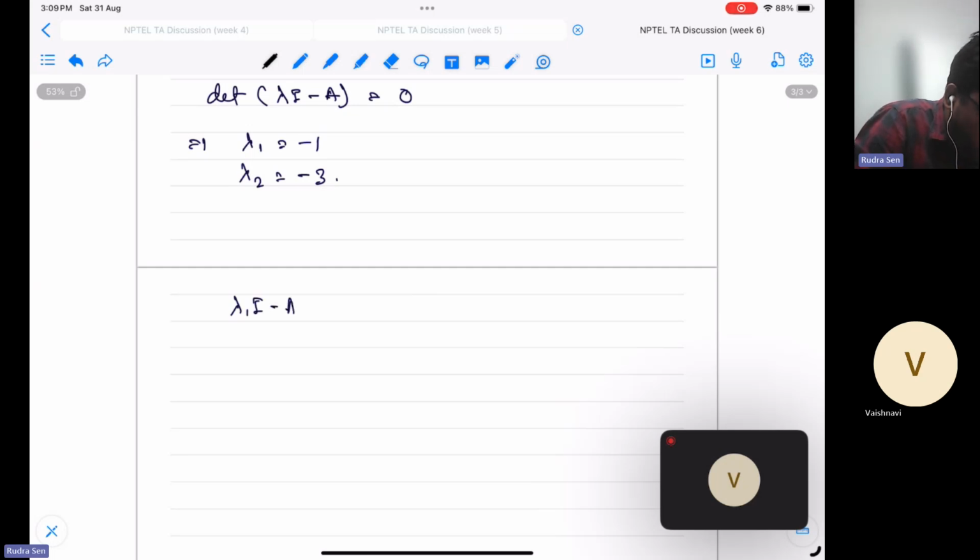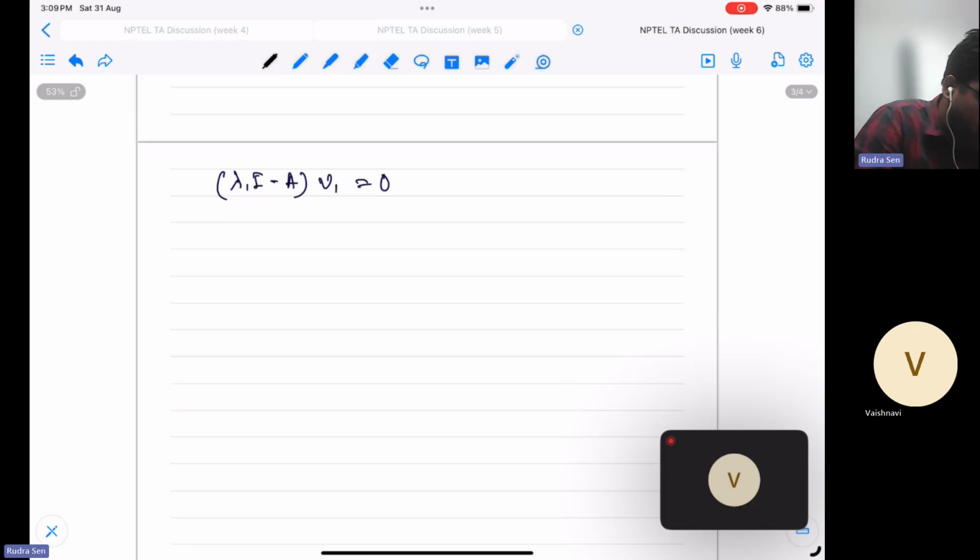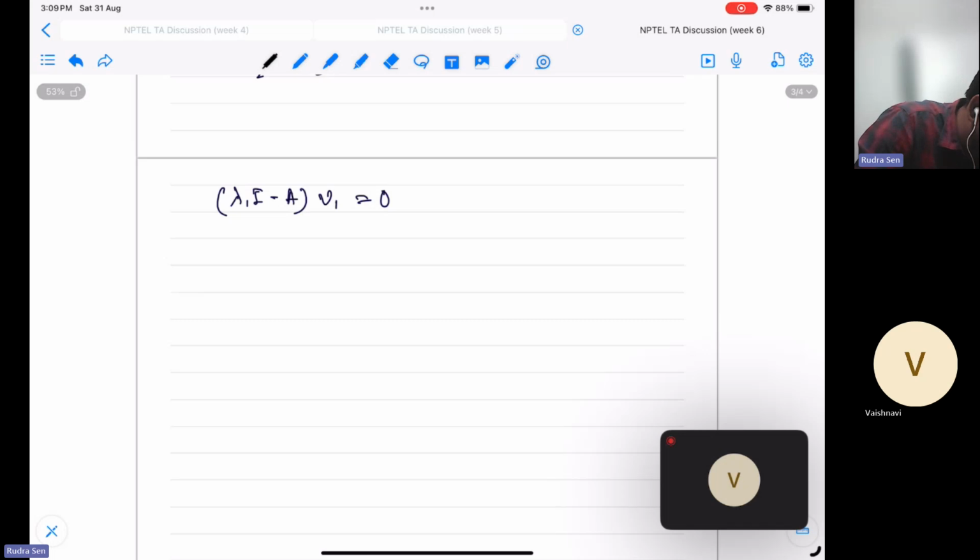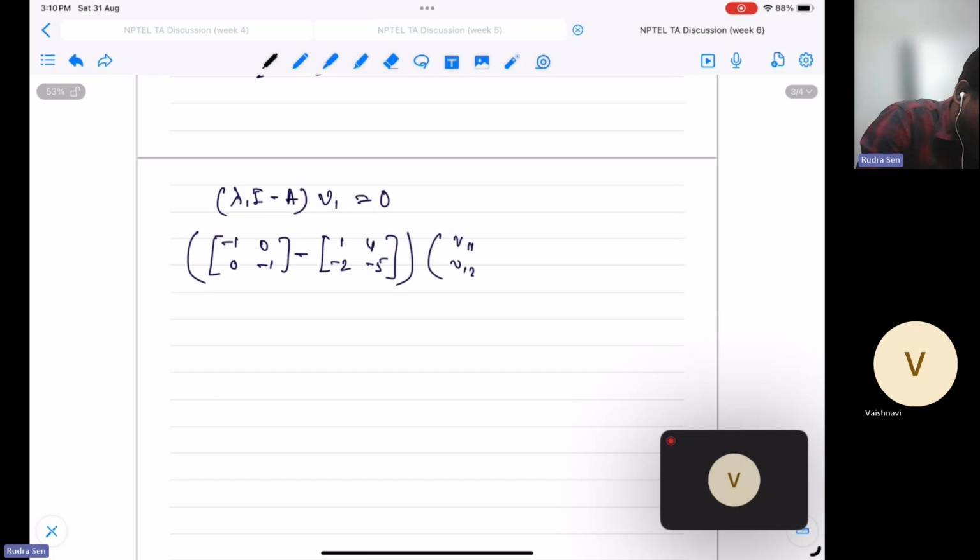The eigenvector is given by lambda 1 I minus A into v1 equals 0. Okay. So what is lambda 1 I minus A? With lambda 1 equal to minus 1, we get the matrix minus 1 minus a 1 4 minus 2 minus 5, multiplied by v11, v12, equals 0 0.